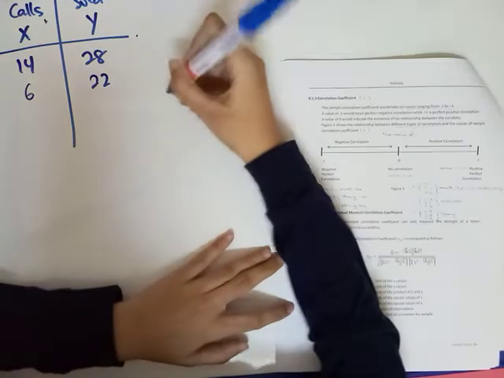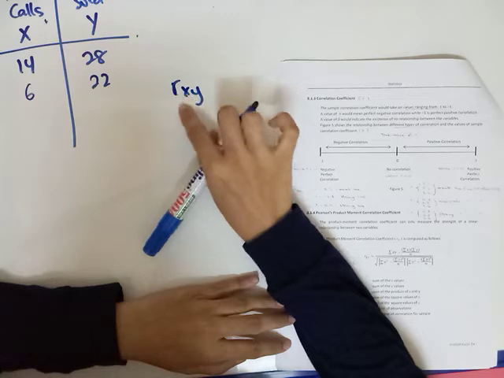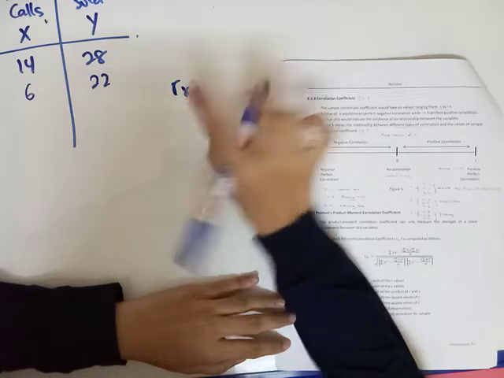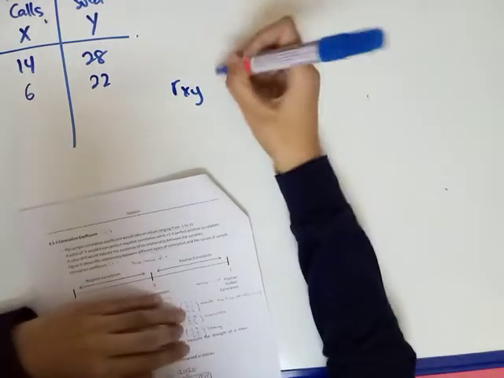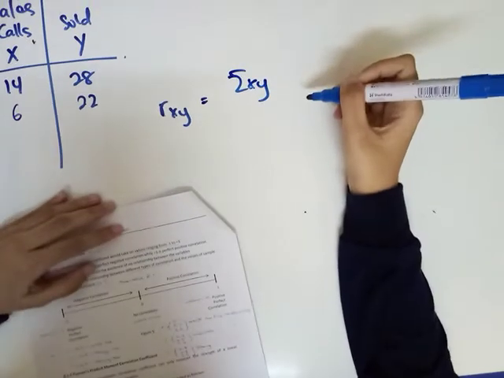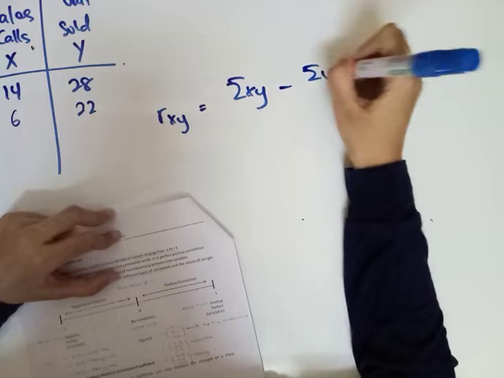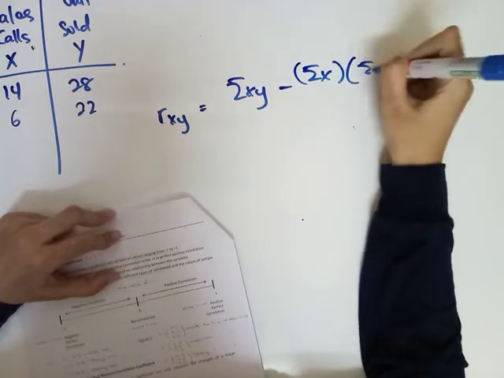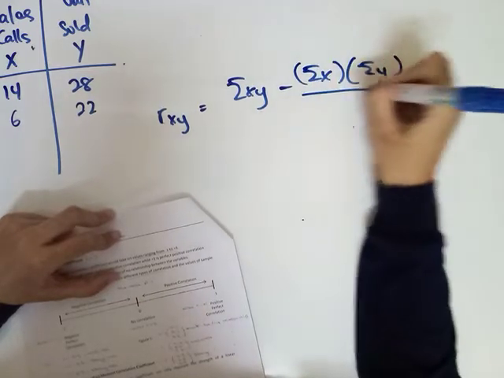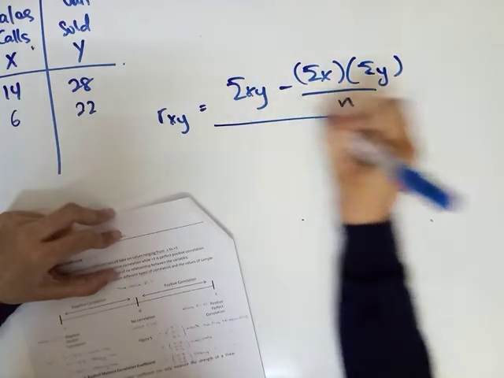The symbol rxy means the correlation coefficient between the two variables X and Y. By using the formula: total XY minus total X times total Y divided by n. What is n? n is the sample size.